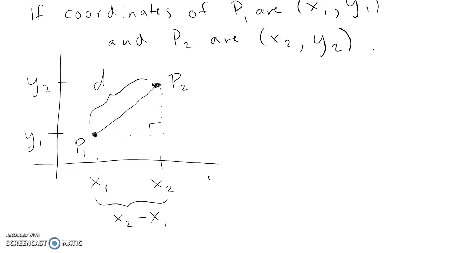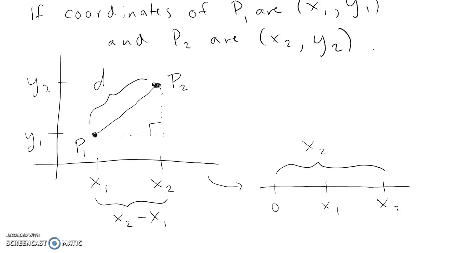Why? Well, let's take a look at this over on the side. Here's 0. If we think of it as a number line, or maybe a length of string, we know that the distance between 0 and x2 is equal to x2. If this were a number like 8, the distance between 0 and 8 is 8. We also know that the distance between 0 and x1 is x1.